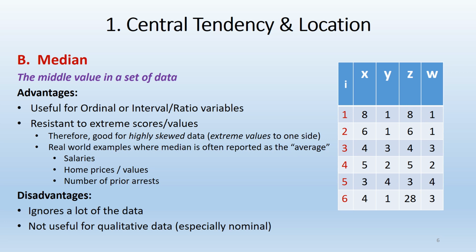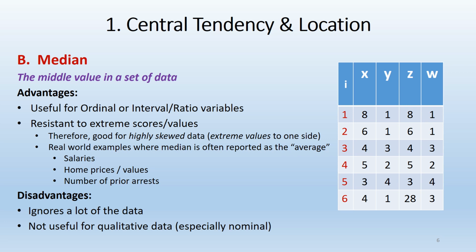So when we have extreme values, as we see with variable z, the median is a good choice to use because it's not heavily pulled or influenced or biased by those extreme values. So, and this isn't something that's all that uncommon. A lot of things that we see in the real world in data collection and read about and hear all the time in the news media, we would want to use the median as the quote unquote average value.